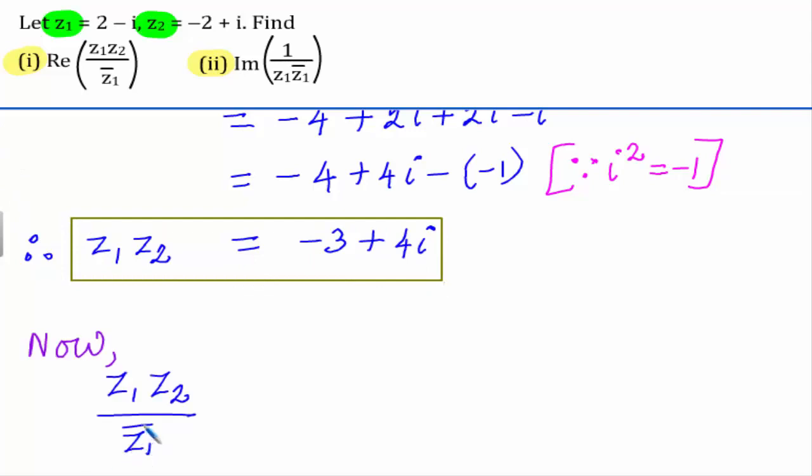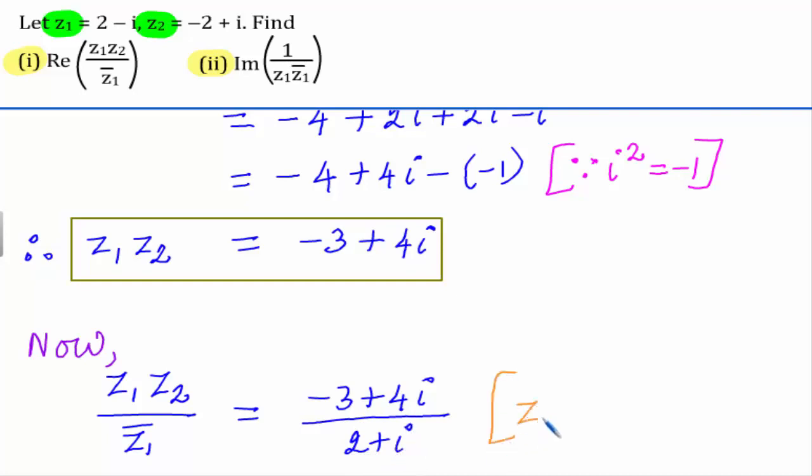Now, let us find z1 z2 upon conjugate of z1. This will be equal to (minus 3 plus 4i) divided by the conjugate of z1, which will be 2 plus i.